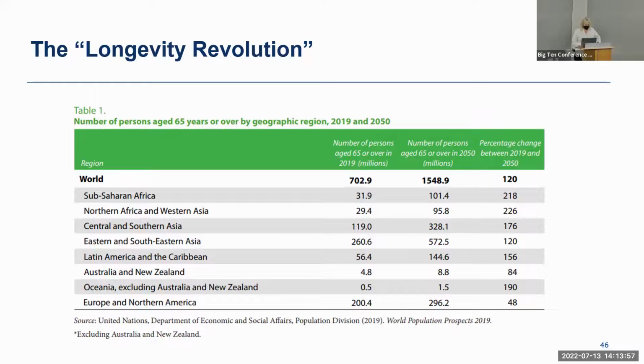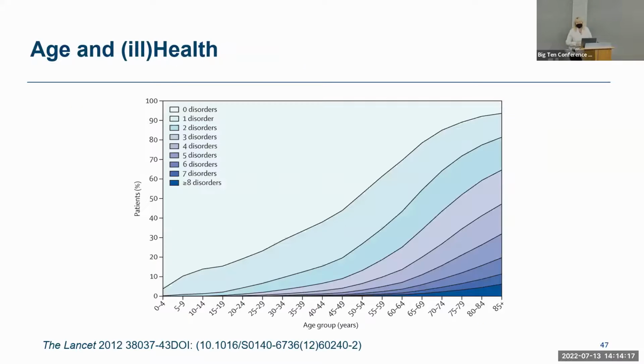So we have globally what's been labelled the longevity revolution. We have growing numbers of people aged 65 and over, and that applies to all the regions across the globe. This is leading to longer life expectancy.